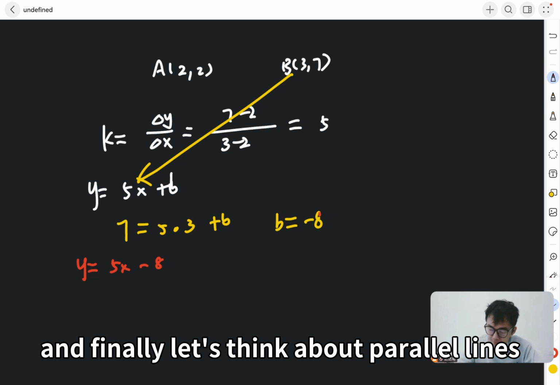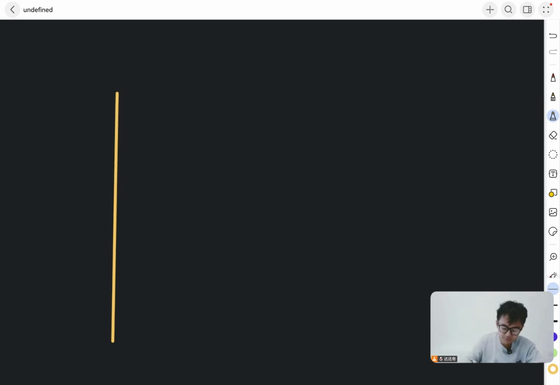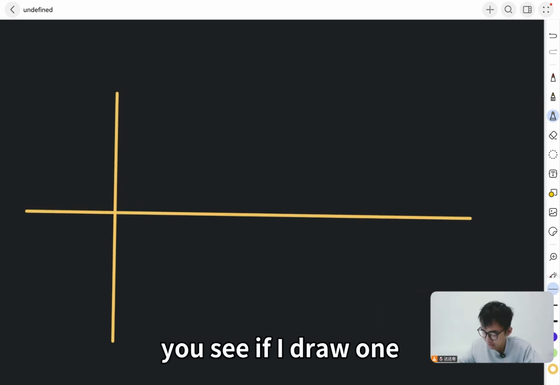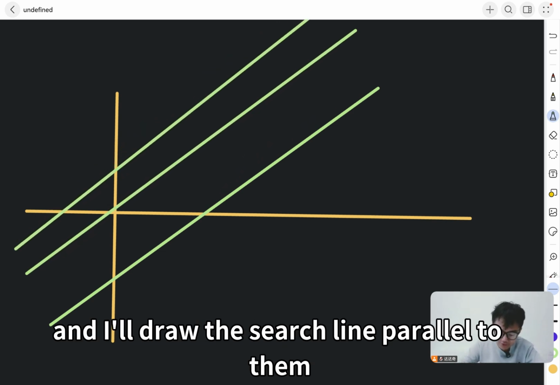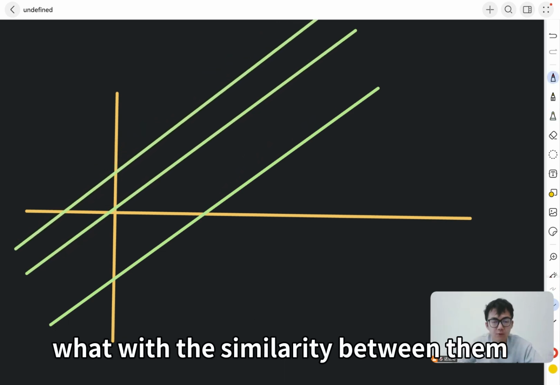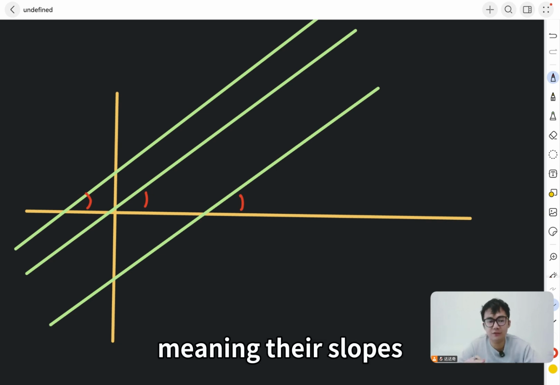And finally, let's think about parallel lines. What do parallel lines have in common? You see, if I draw one straight line and I make another line parallel to it, and I draw a third line parallel to them, what will be the similarity between them? Well, the angle of their inclination is the same, meaning their slopes, k, are identical.